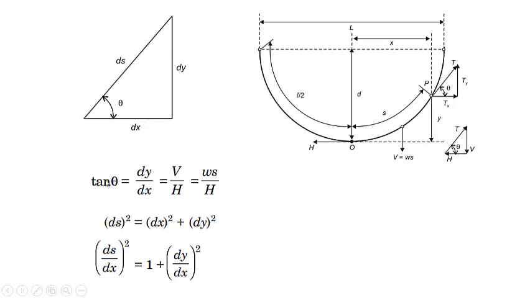So in that case, tan theta will be equal to dy by dx, which from this triangle, because dy is equal to v and dx is equal to h, will be equal to v by h, where v is equal to ws, that is this. So from this triangle, ds square is equal to dx square plus dy square, and dividing both sides by dx square, ds by dx whole square is equal to 1 plus dy by dx whole square.